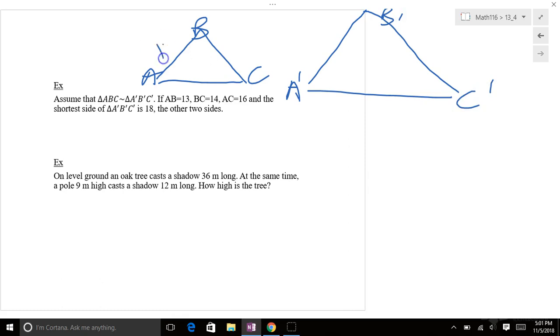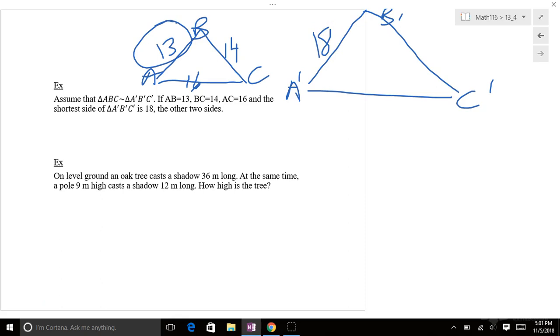So if AB is 13, BC is 14, so now these are side lengths, and AC is 16, and the shortest side of A prime, B prime, C prime is 18. Well, the shortest side of the smaller triangle is 13. So that means the shortest side would be A prime, B prime, the corresponding side. So that's 18. So find the other two sides.